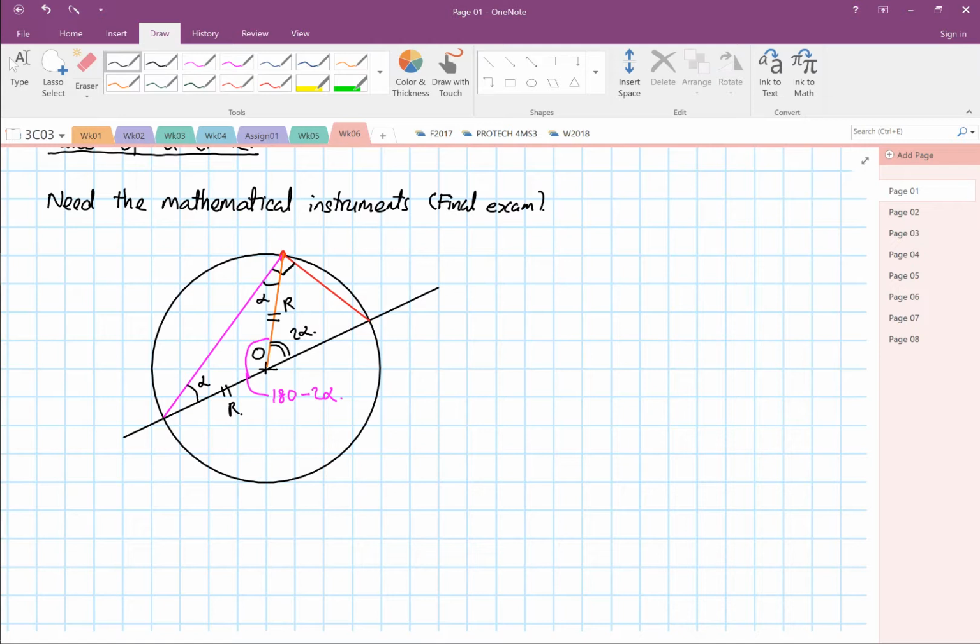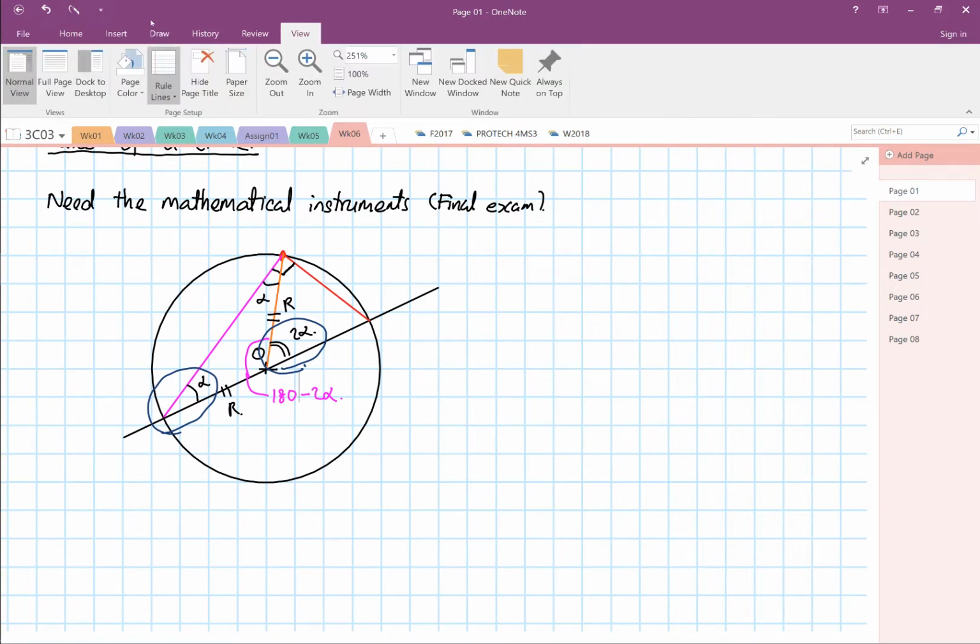I will encourage you, when you are doing this at home, to measure this angle and measure this angle. Okay, and it's always true that it is always 2 alpha, mathematically it can be shown. Okay, so that is the rules of a circle.